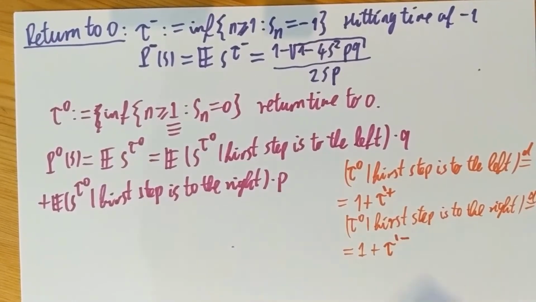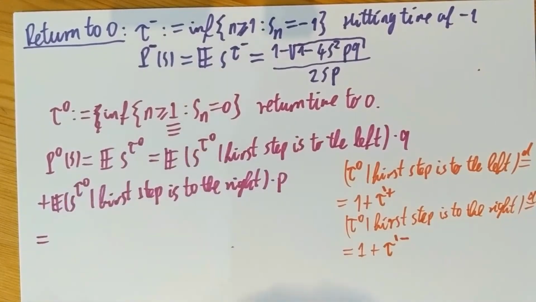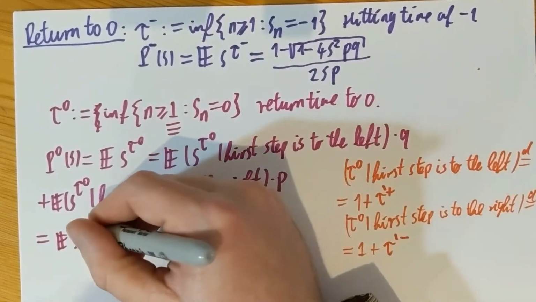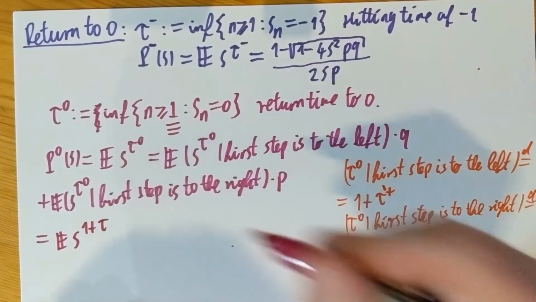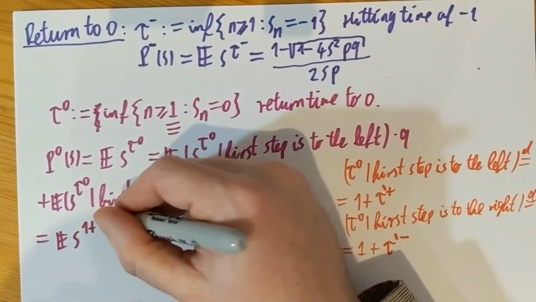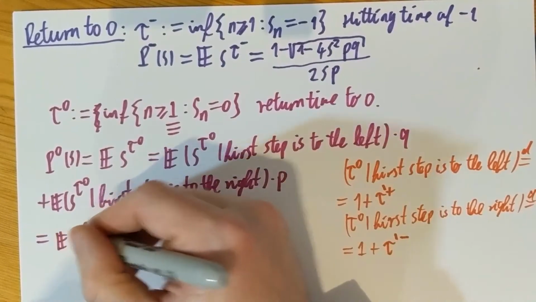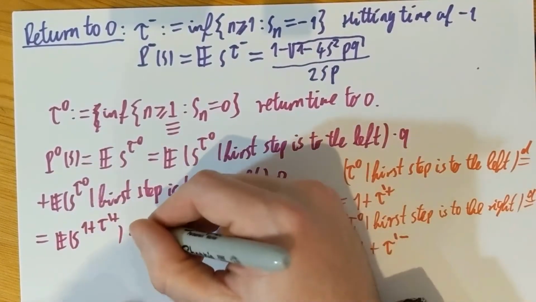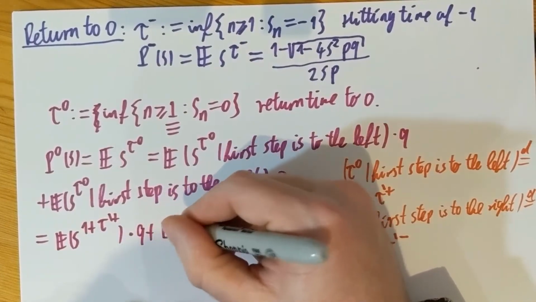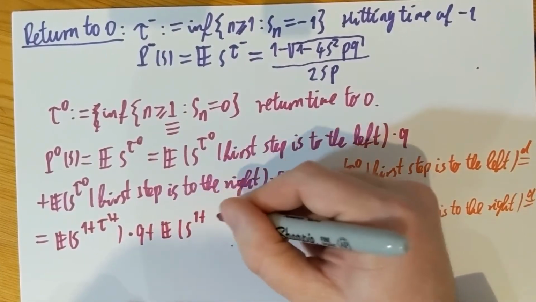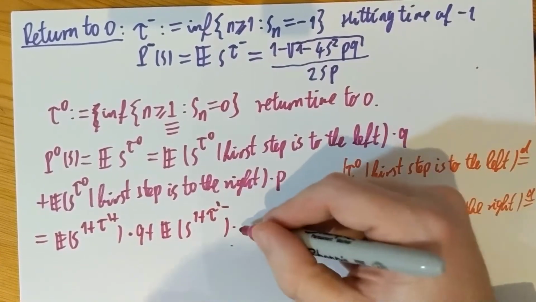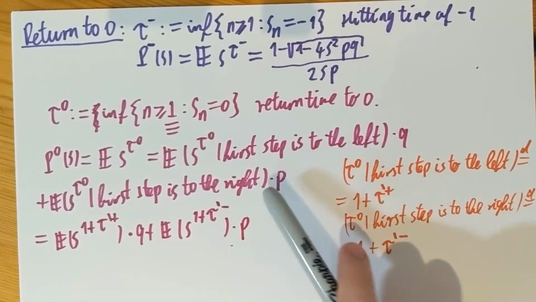Alright, and so therefore I can proceed here and just say expected s to the 1 plus tau prime plus, times q, and expected s to the 1 plus tau prime minus, times p. These are the two terms I have.